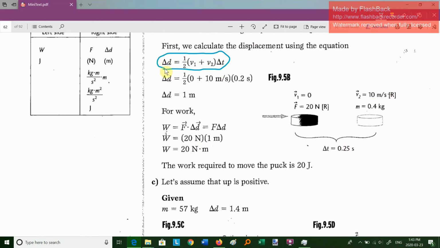So delta D is V average times delta T. So your initial velocity was 0, final velocity is 10, average of that is 5 times 0.2 seconds is 1 meter. So my work is 20 newtons times 1 meter, or 20 newton meters. So 20 newton meters, or 20 joules of work is required to move the puck from initial to final point.